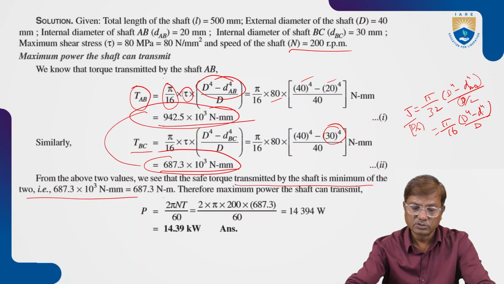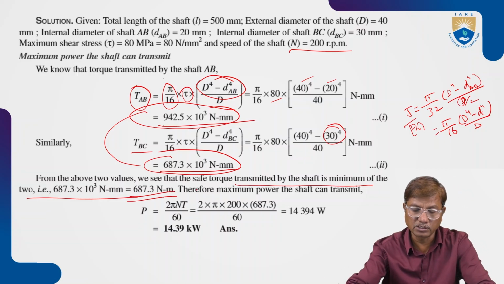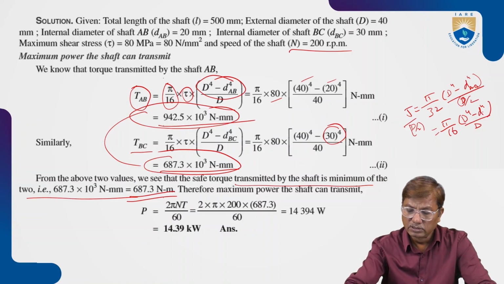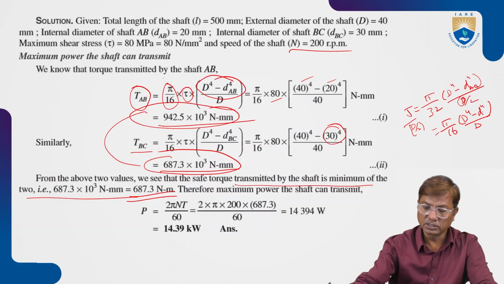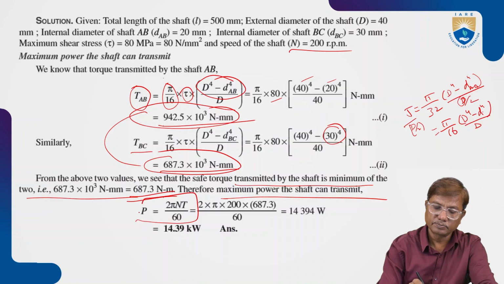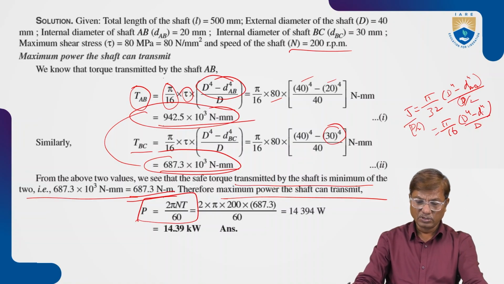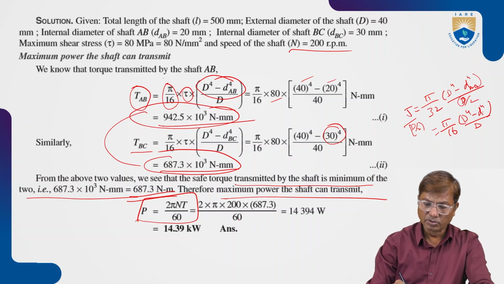So the strength of the shaft will be now 687.3 into 10 cube Newton millimeters, or 687.3 Newton meters. Once you know the torque transmitted, you can find the power transmitted by using this expression: P equals 2 pi N T by 60.